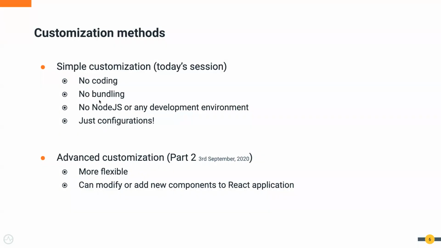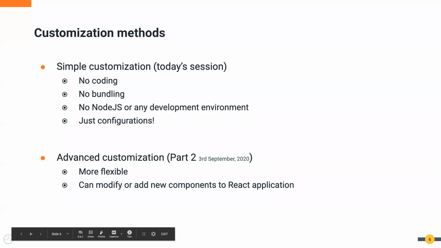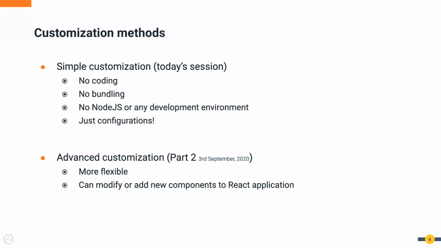Okay, so customization methods. We have basically two. The first one is the basic or simple customization, where you don't need to do any coding or bundling, and you don't even need Node.js or any development environment. It's just configuration. We have a JSON file with a lot of extension points, and you can change the values according to your need and get the customization done.